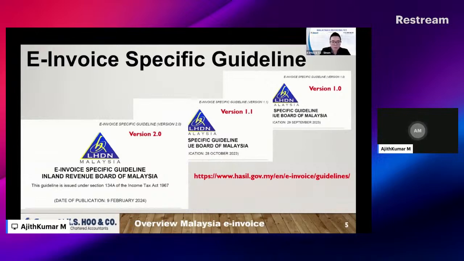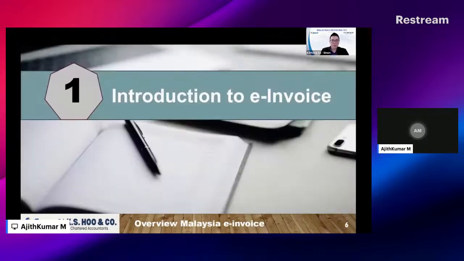This also you can download from the income tax portal. Today's seminar, from these two guides, I will brief you in 1.5 hours to let you know the concept and the specific guide mentioned in the e-invoice guideline from the IRB. All right. So let us begin.